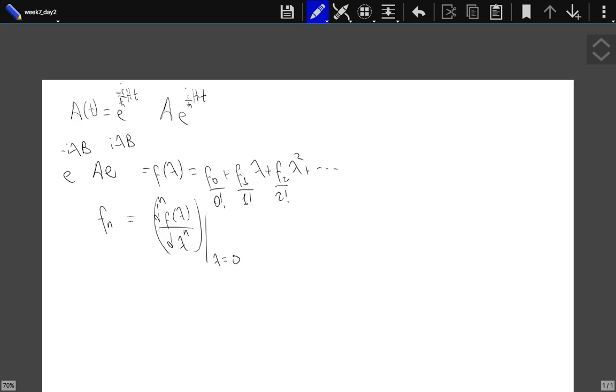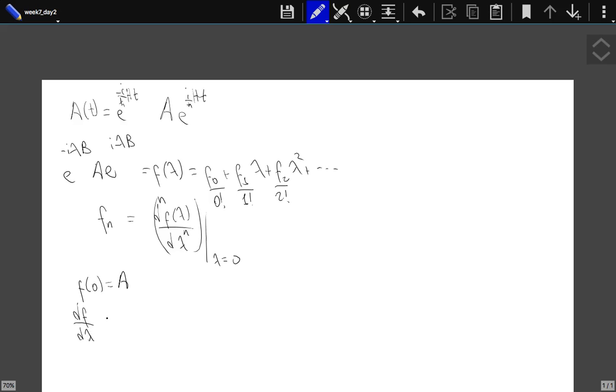So let's try to see if there's some kind of a general pattern in these derivatives. Now, f of 0, what is f of 0? It's just A. There are no derivatives, the number of derivatives is 0. You just put lambda equal to 0, you end up having A.